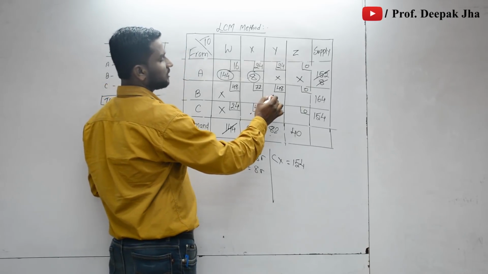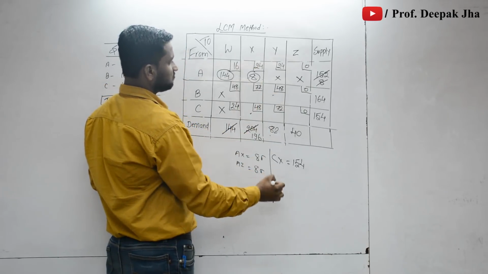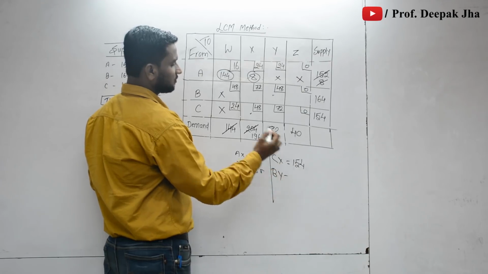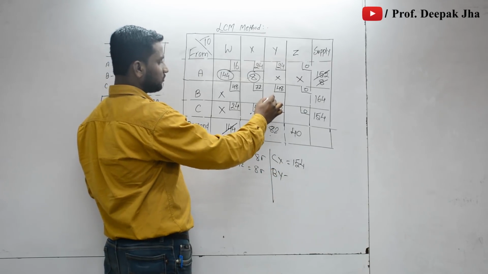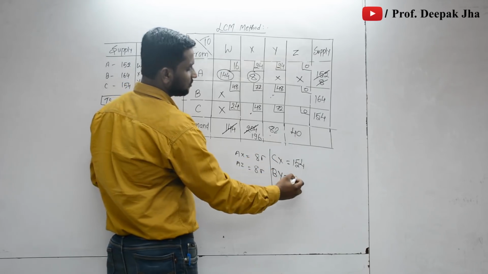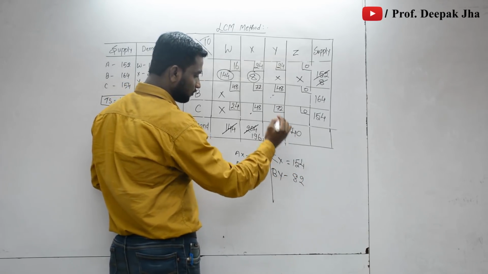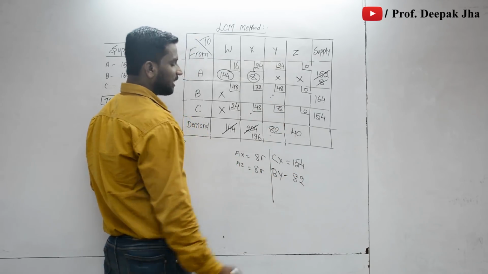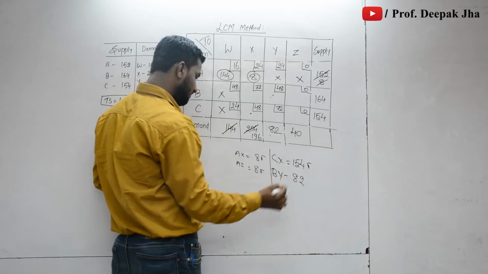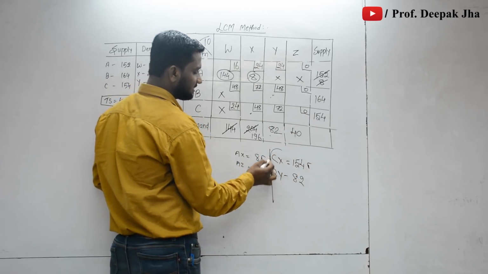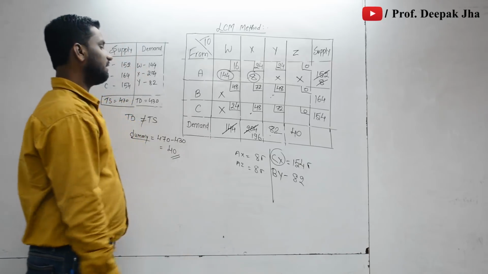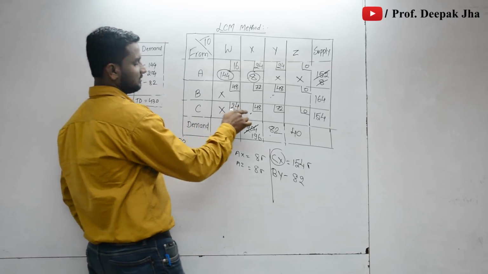But if you make the allocation in this cell, which is BY, the demand is only 82, supply can be 164, so only to the demand, which is 82. Okay, so the higher unit that you can allocate at the same cost is cell CX. So I'll make the allocation at this cell.